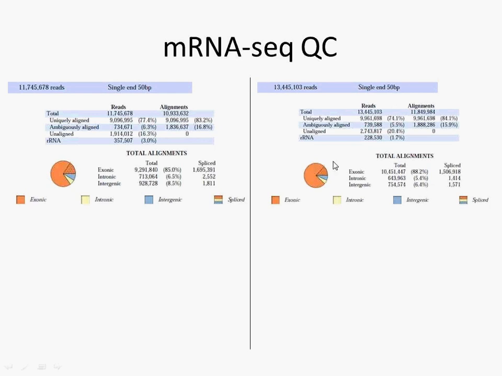So really, you wouldn't tell the difference between both samples, and if you don't do this type of QC, it looks all fine, and you would basically not do that. You can't compare these two samples.